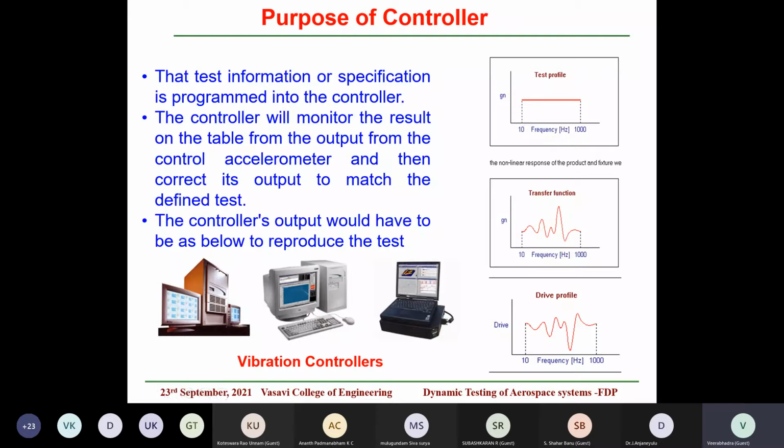It has its own resonances, which amplify or reduce the input, and we see this as a transfer function, the ratio of output to input, like this. But I want to see it like this. So what the controller does is invert it: wherever a peak is there, it gives a valley, and wherever a valley is there, it gives a peak.